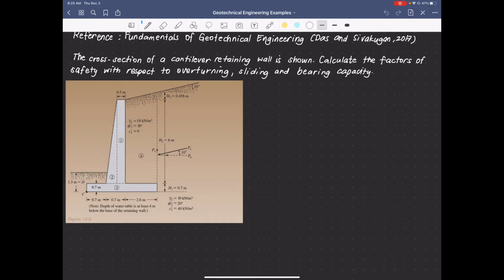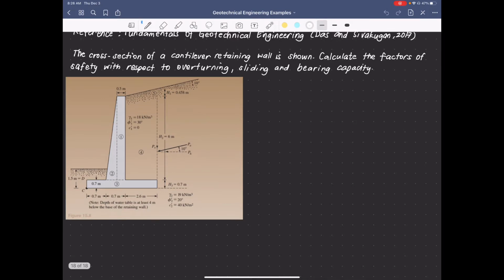So the cantilever wall will show us the proportioning provided. Like we have the top of the wall having a width of 0.5 meters here, and we have the height of the retaining wall of 6 meters.